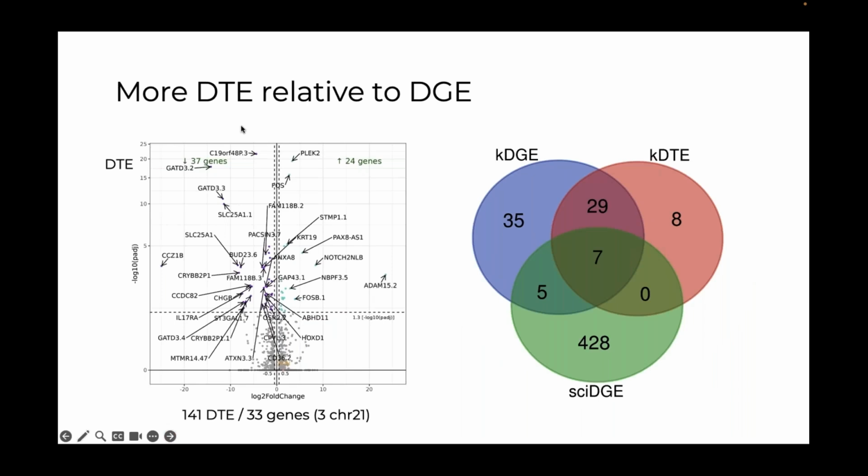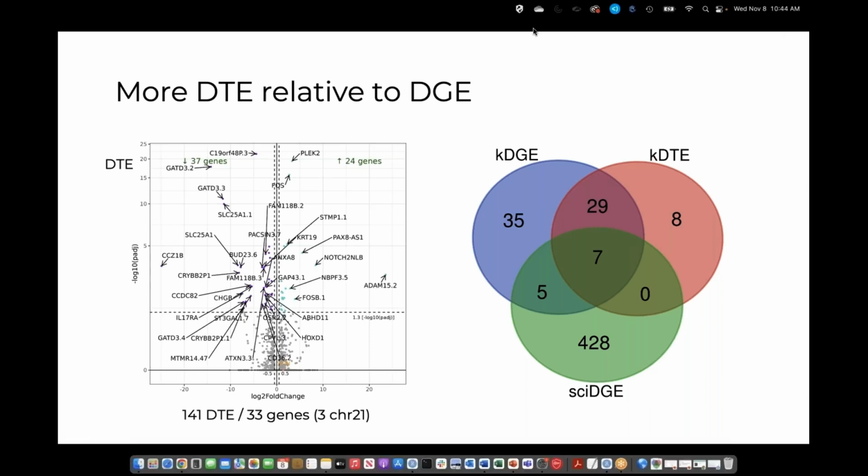But what's even more exciting than identifying different genes, with some similarities and some differences, is that there were more transcripts relative to genes that were differentially expressed. And so we identified 141 differentially expressed transcripts, and these were among 33 different genes, again, with fewer of those genes being represented on chromosome 21.